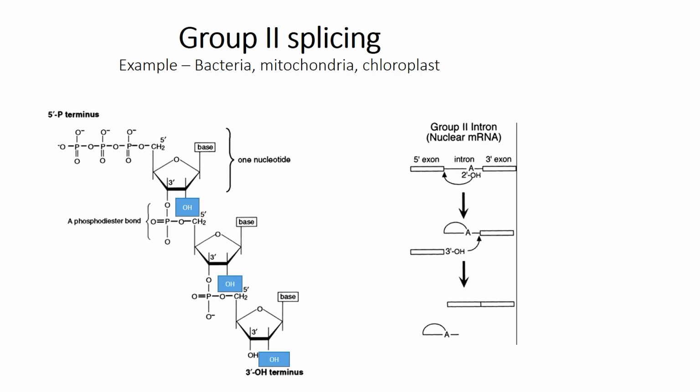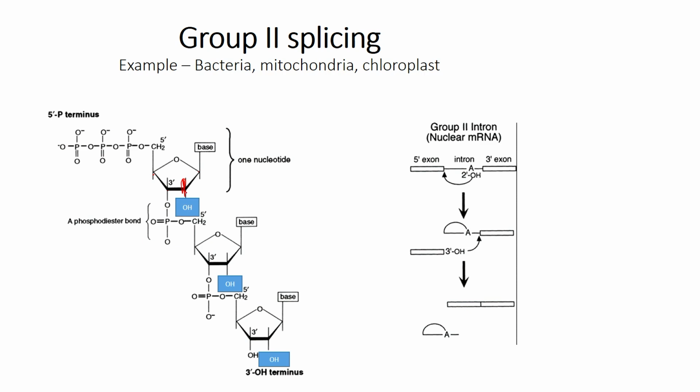If I show this picture, the first part is again the same as we were seeing in the earlier picture. Just to emphasize, this is 1 prime carbon, this is 2 prime carbon, this is 3 prime carbon, this is 4 prime carbon, this is 5 prime carbon.